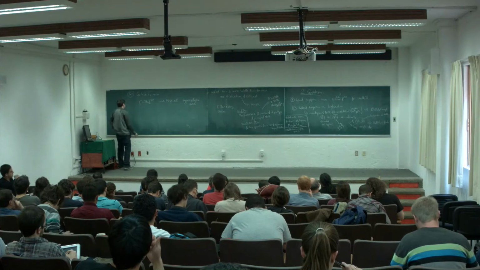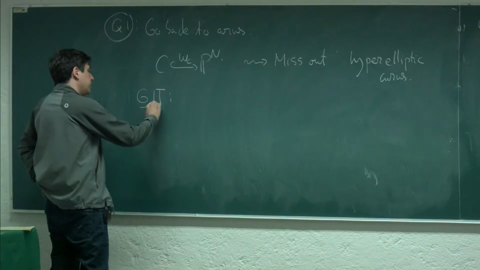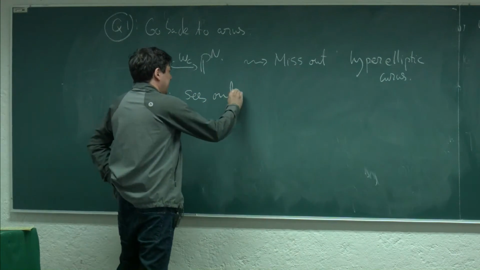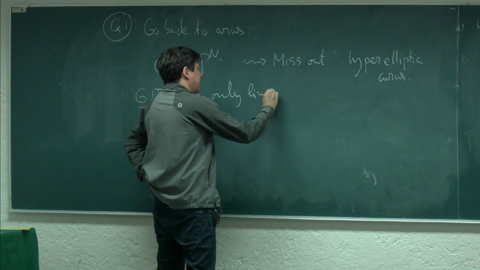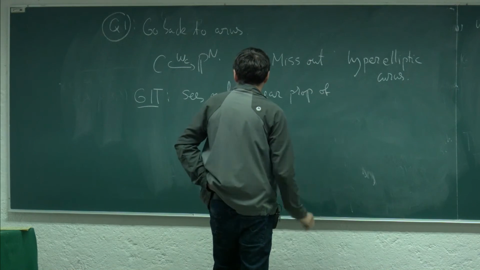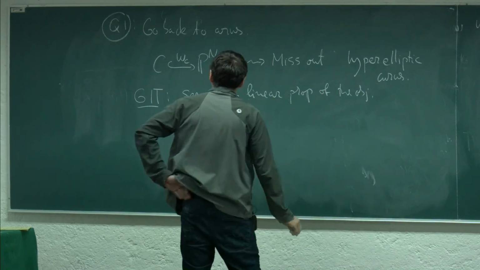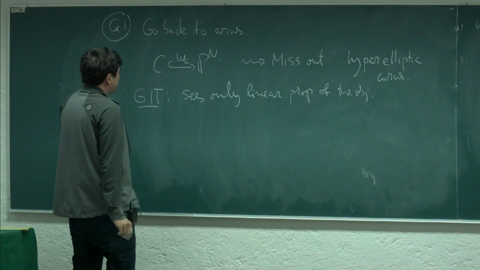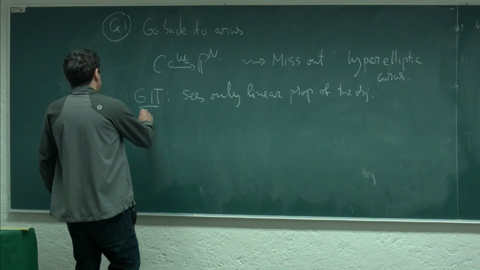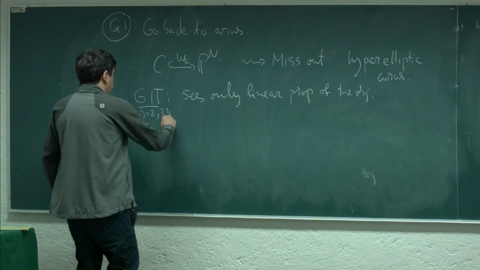So in some sense, GIT sees only linear properties of the objects. I mean, okay, this hyperelliptic case is clear, but you can say, why not mu equals 3 or 2, 3, 4 or something.